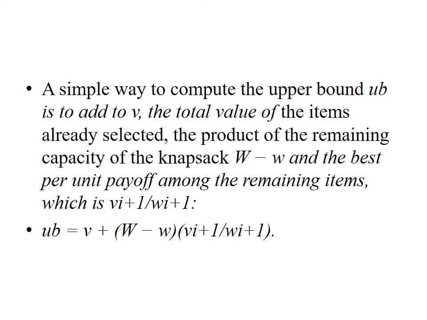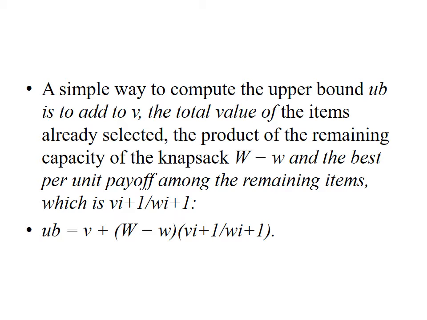Next, we need to identify the formula for calculating the upper bound. Here we are going to calculate the upper bound because it's a maximization problem. If it is a minimization problem, we need to find the formula for calculating the lower bound. The formula for calculating the upper bound of the knapsack problem is V plus (capital W minus small w) into V(i+1) divided by W(i+1).